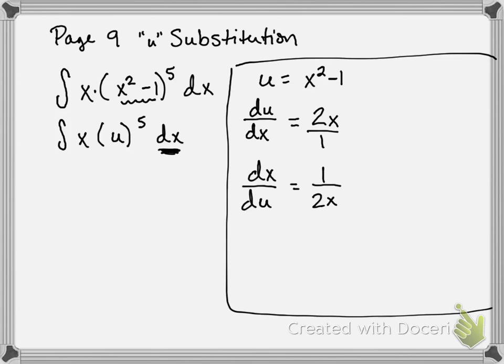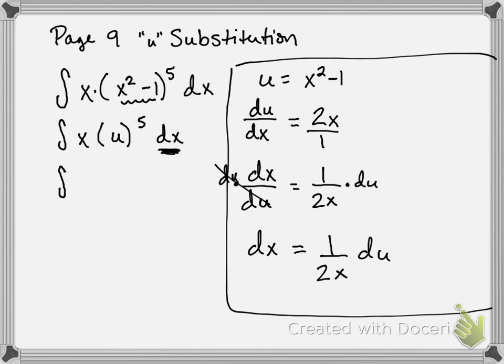Would you agree with that? Yeah. And then if I wanted to get dx by itself, wouldn't I just multiply both sides by du? If you multiply by du, that cancels. So dx is really 1 over 2x du. Now we have something that we can plug in.